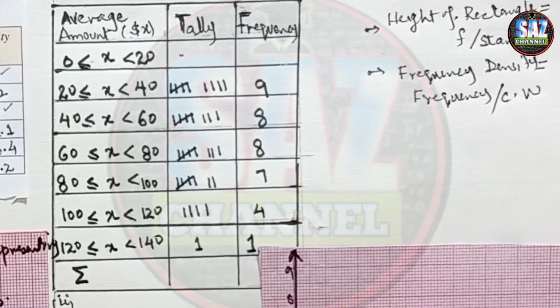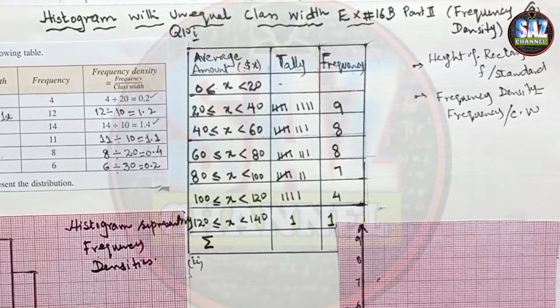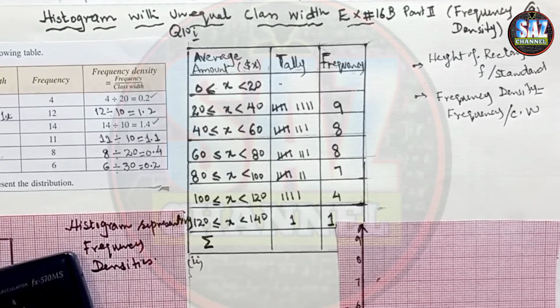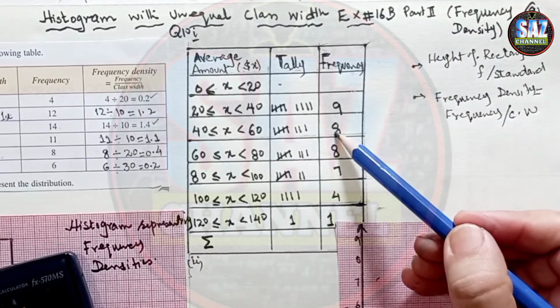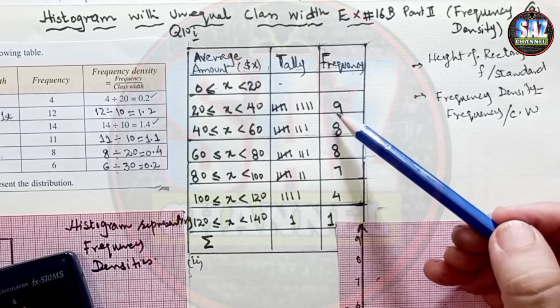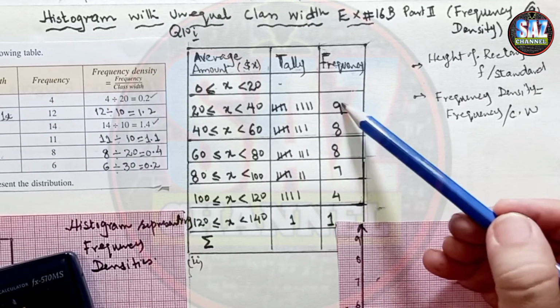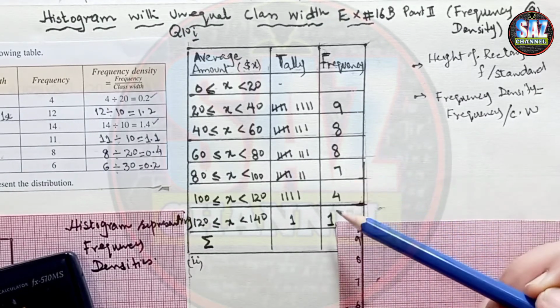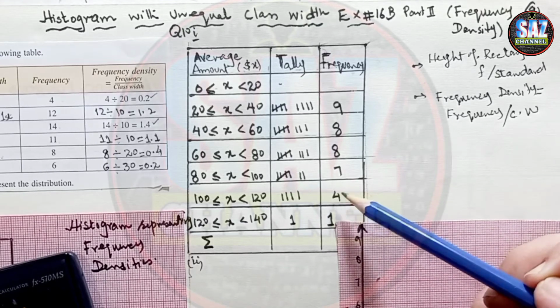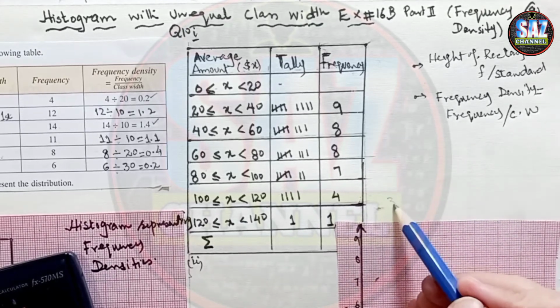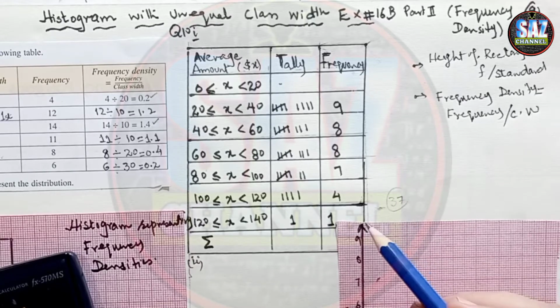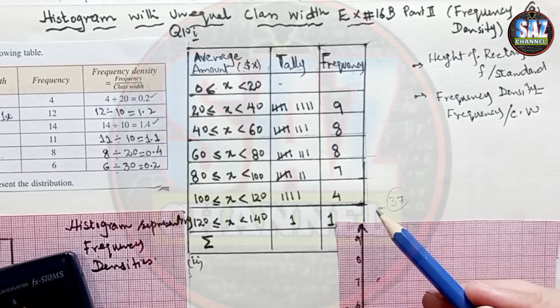Okay, now let me add them up, and then we'll look at the given information to see how many times 20 is coming. 8 and 8 is 16, 16 and 8 is 24, and 8 4s are 32, 33, 34, 35, 36 and 37. This frequency is 37. And how many rows are there? 1, 2, 3, 4.